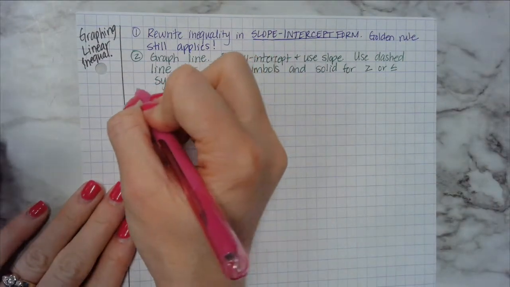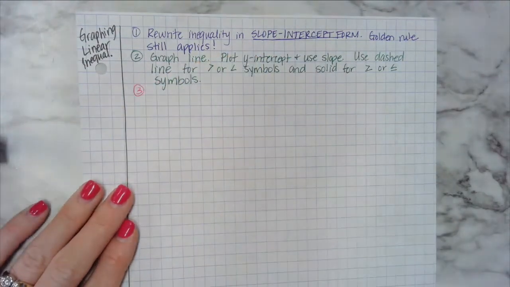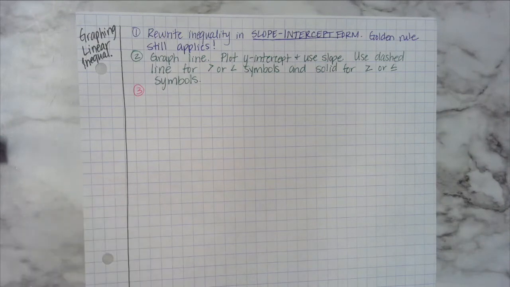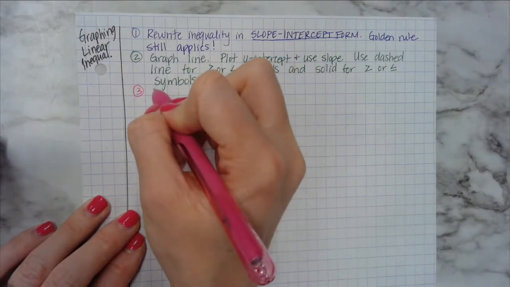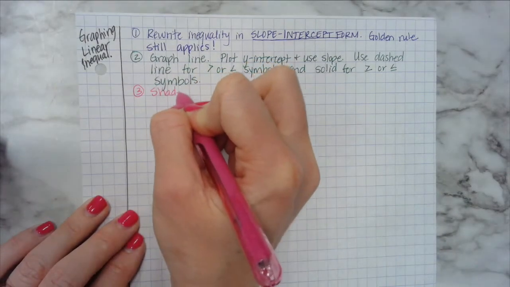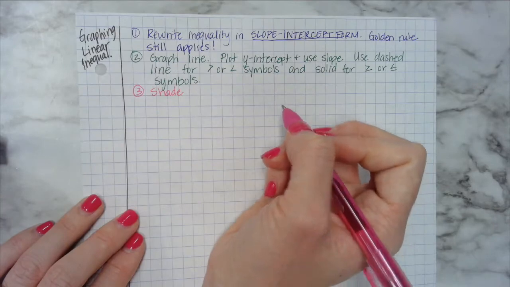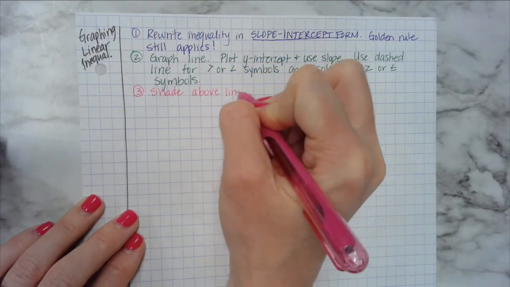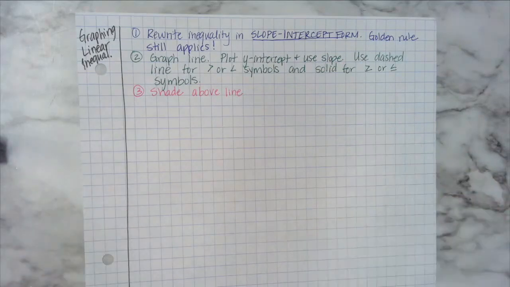And then the third step, after we've graphed our line, we've used a dashed line for less than or greater than, we've used a solid line for greater than or equal to, or less than or equal to. The last step would be to shade. We're going to shade above the line, and so that's where y is going to be greater than.